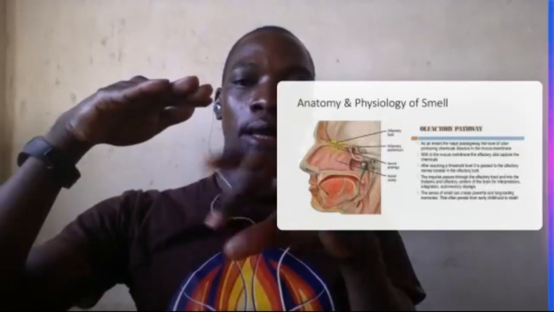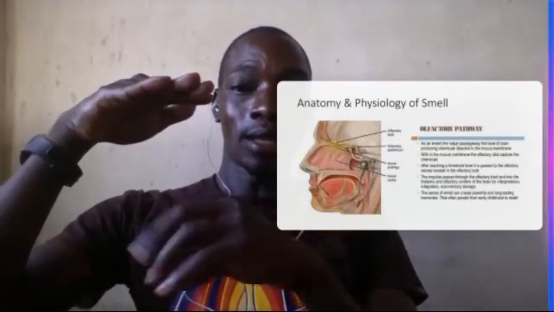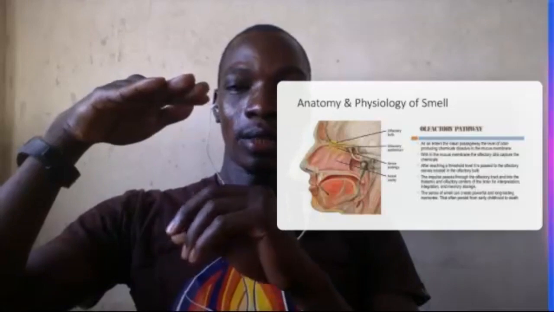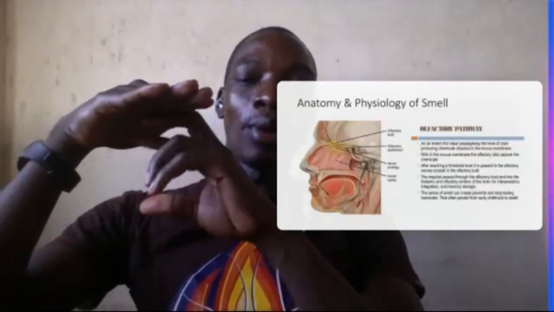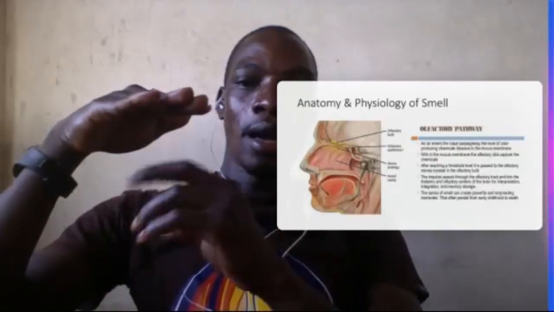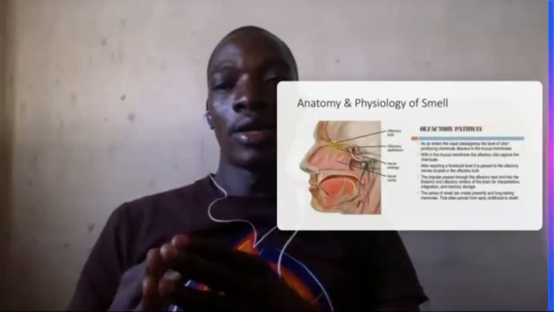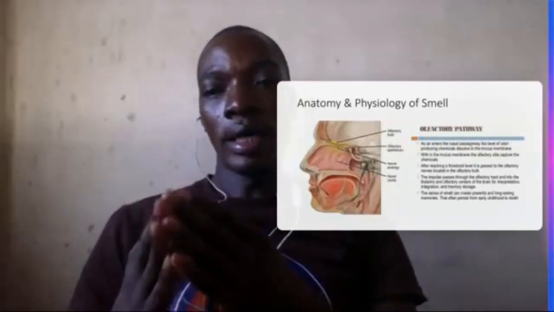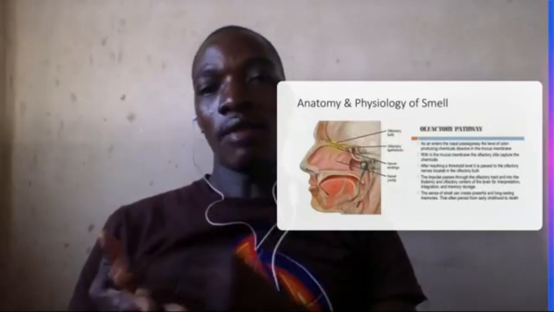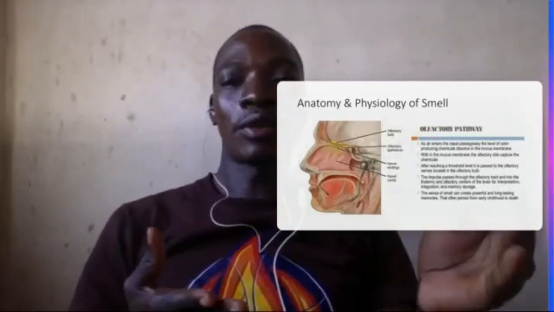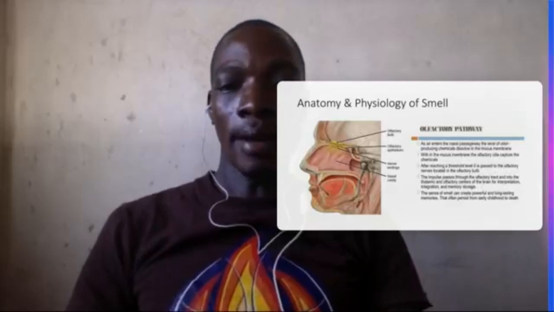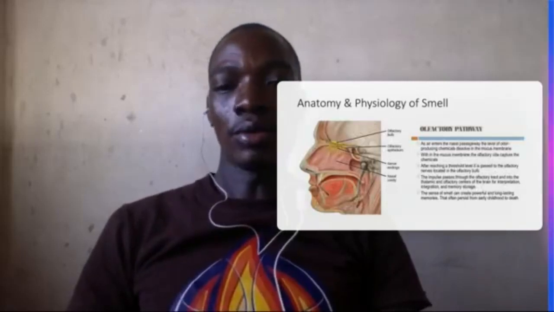So again, the olfactory receptors are generally chemoreceptors. So they trigger a depolarization in those receptors, and that depolarization is the transduction of the signal. So now we have a nerve impulse. Now this nerve impulse is going to be transmitted into the brain, where interpretation is going to occur.